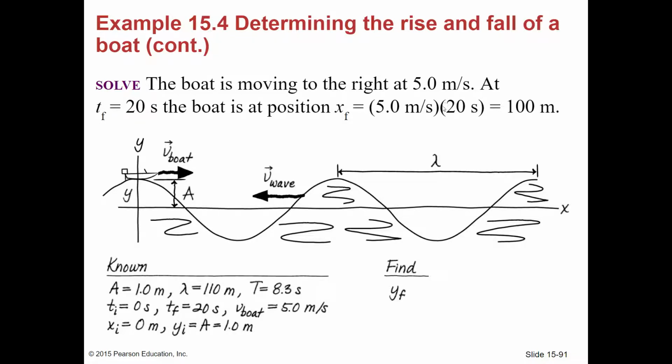Which means we can use the easy equation, velocity equals distance over time, rearranged to velocity times time equals distance. Doing that, we get 5 times 20, that's 100 meters. Easy. So the boat is going 5 meters per second for 20 seconds, and in that time it travels a total of 100 meters.